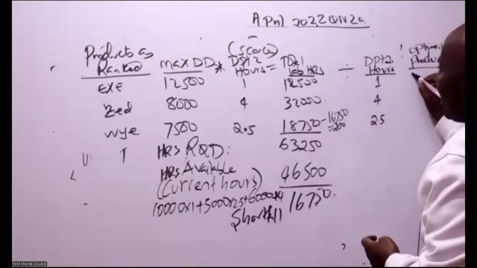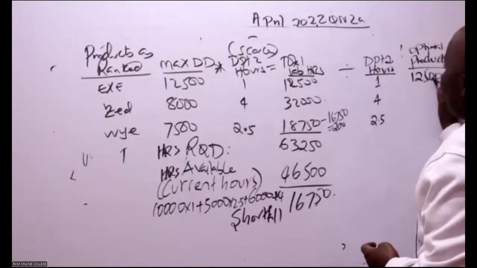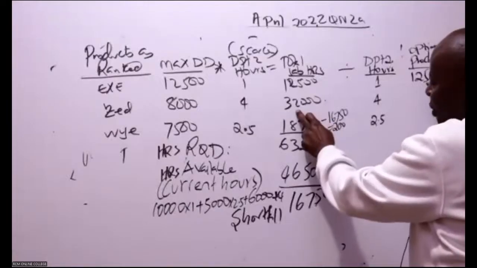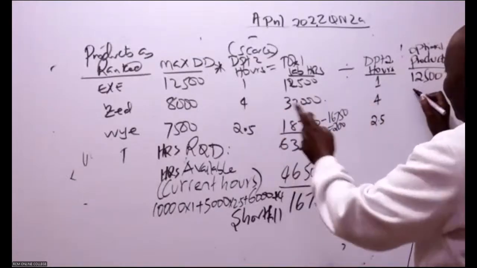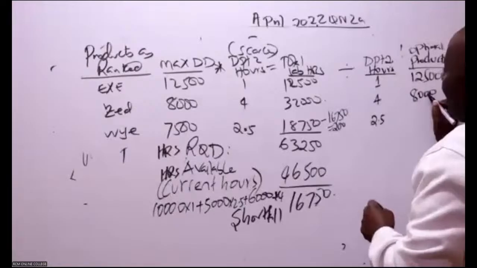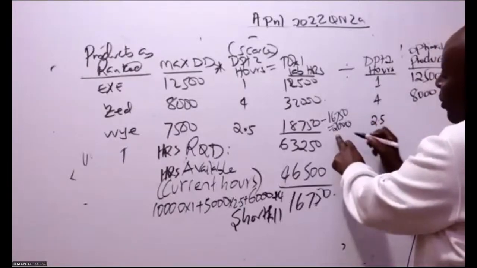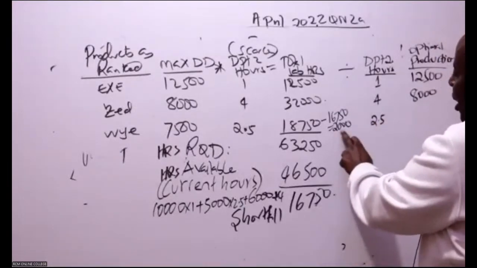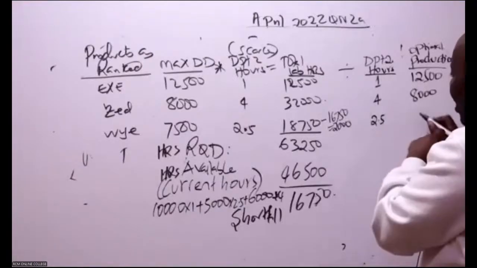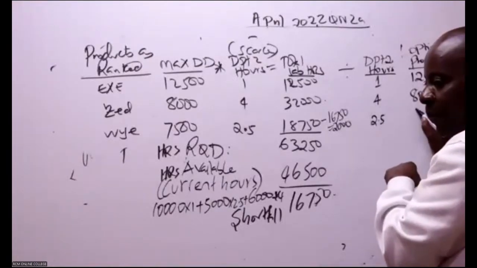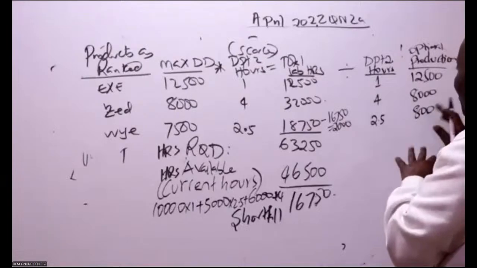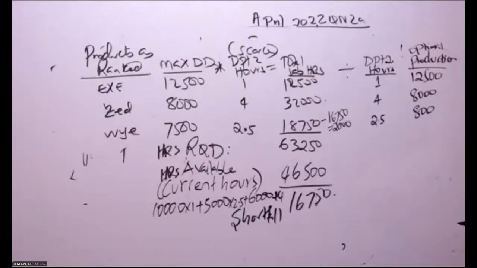So for X, I produce 12,500. This will be 32,000 divided by 4, which gives me 8,000. This will be 2,000 divided by 2.5. How much am I getting here, ladies and gentlemen? 800. If you do it this way, you'll never confuse.